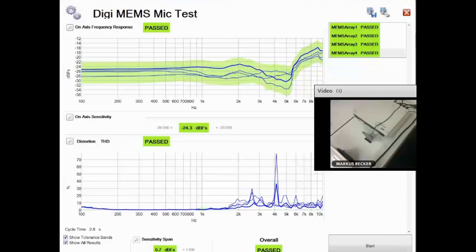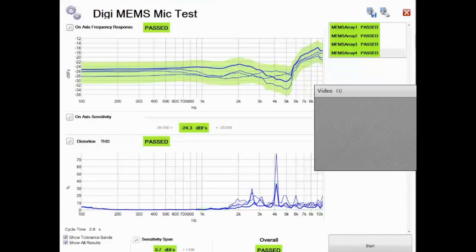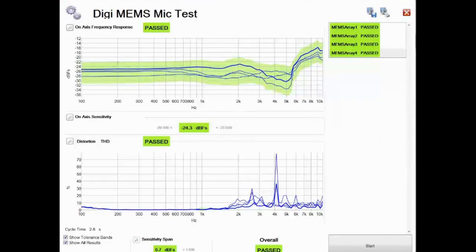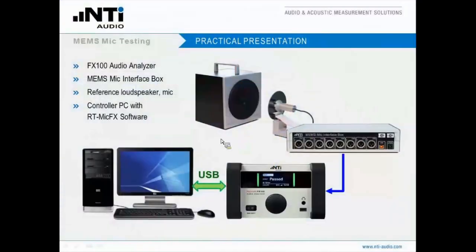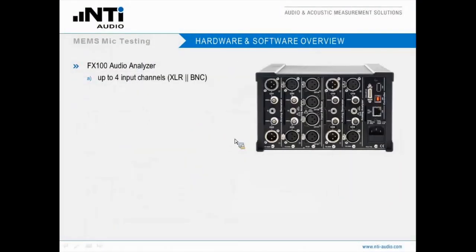So let me get back to my PowerPoint presentation and summarize the hardware and software that we have been using. We have here an FX100 analyzer rear view. This is a modular instrument, so you may decide whether you want to buy it with 2 channel input-output channels or with 4.